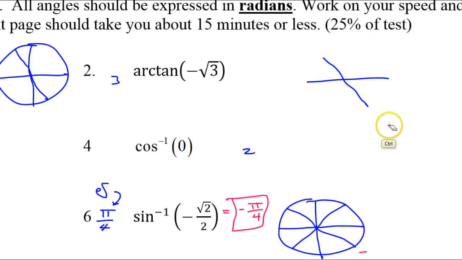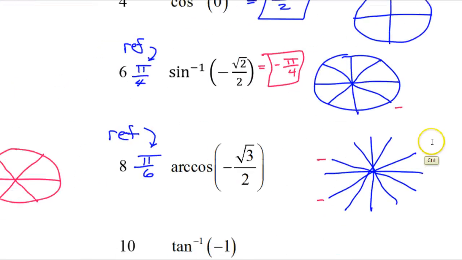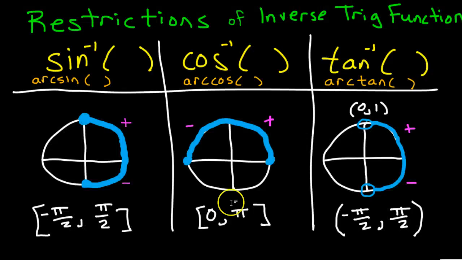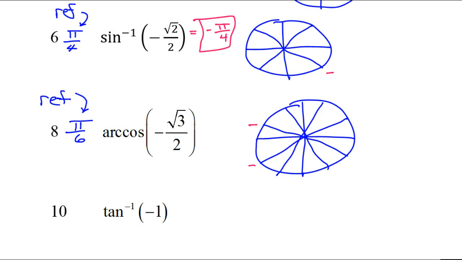Uh-oh, erased too much. Okay, so these are the negative options. But also, inverse cosine is only allowed to be in the top half of the unit circle. So I can forget about this one down here at the bottom. So this is the only answer, and this is 1, 2, 3, 4, 5 pi over 6.